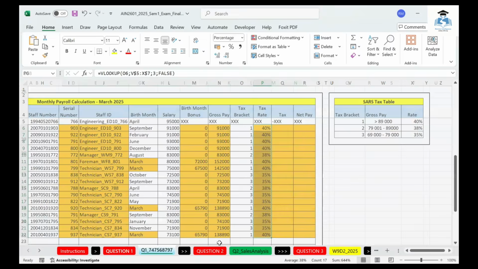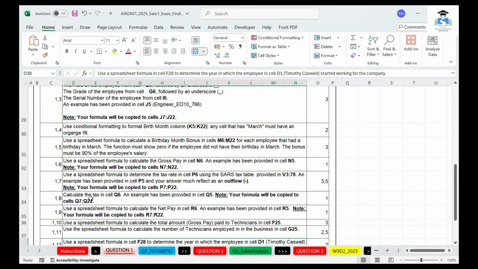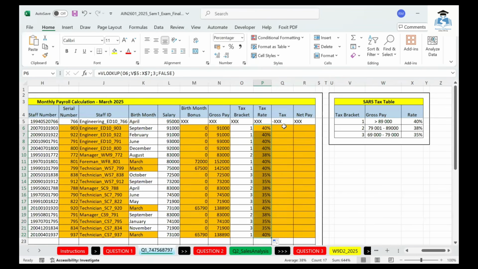Now, the question is, calculate the tax in Q6, or P. Where is P? We did that. All right. This one is supposed to come out as an outflow, right?